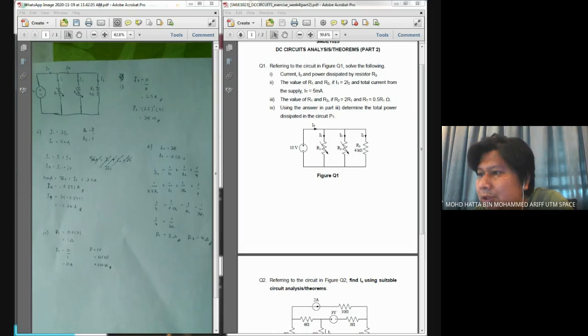And for number 3, the answer from Mohaimin, he got 2 ohm and 4 ohms. I think the value is okay, but not okay, 50% okay, because your resistor is in kilo ohm. Your R1 should be 2 kilo ohm and R2 should be 4 kilo ohm.